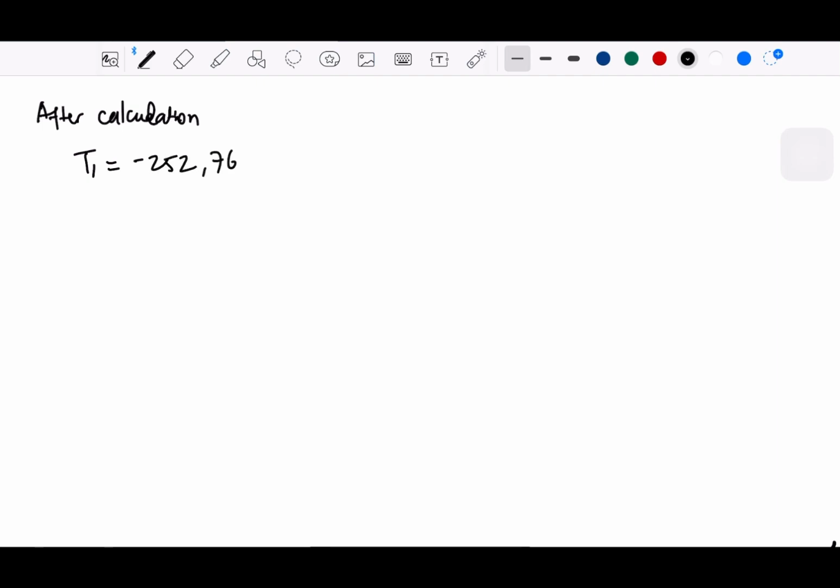So this will be going in the opposite direction from the one that we drew. T2 is 127, and T3 is 184.